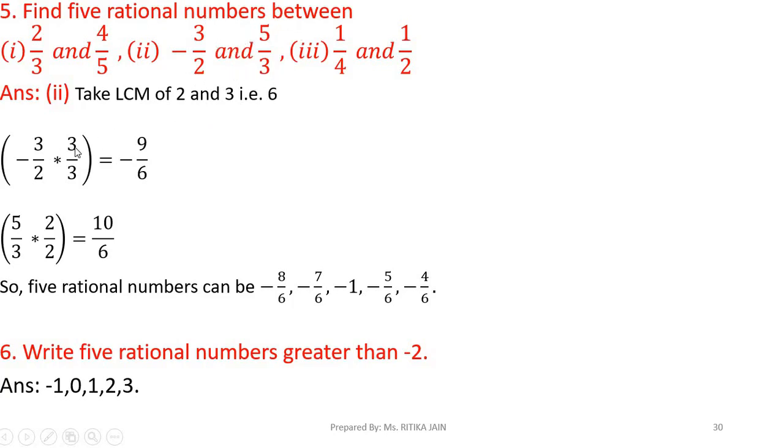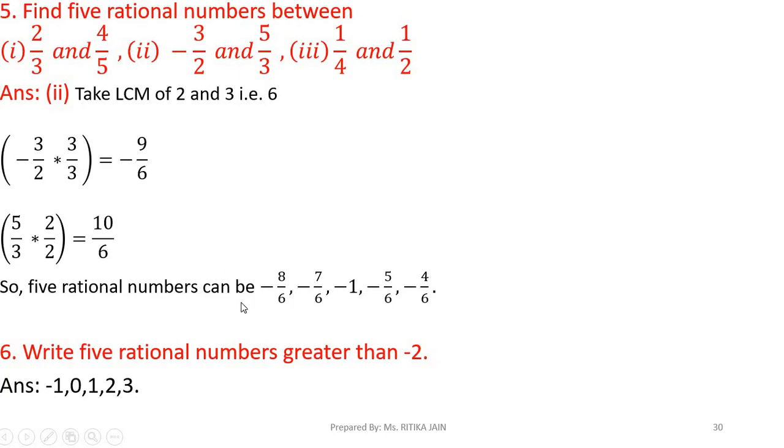So minus 3 by 2 will be multiplied by 3 by 3, which will give you minus 9 by 6, and 5 by 3 will be multiplied by 2 by 2, which will give you 10 by 6. Now we will get so many rational numbers ranging from minus 9 to 10, and because we need to calculate only 5 rational numbers, this will serve our purpose.